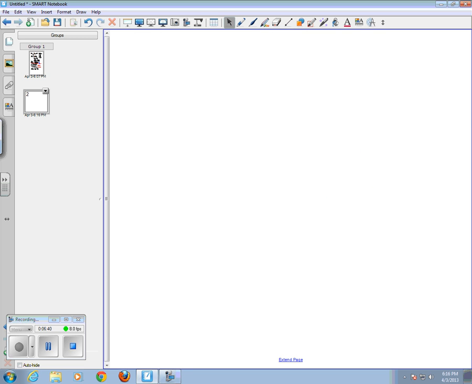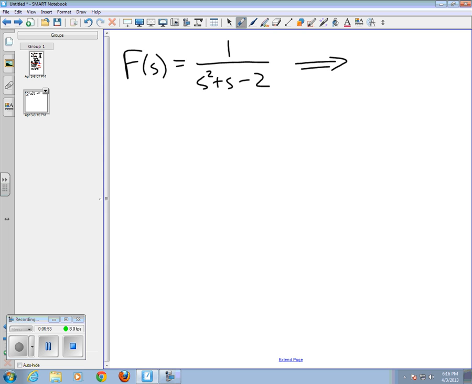So moving on, let's remember what our goal was. We had capital F of s equal to 1 over s squared plus s minus 2, and the question was, what is little f of t equal to?